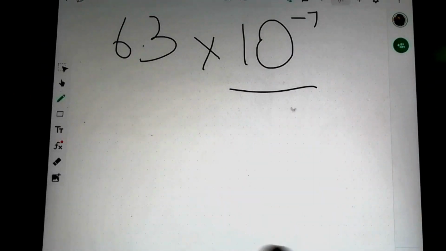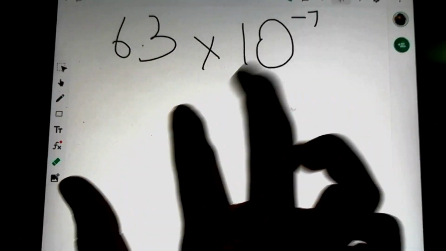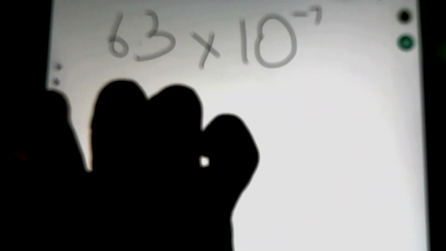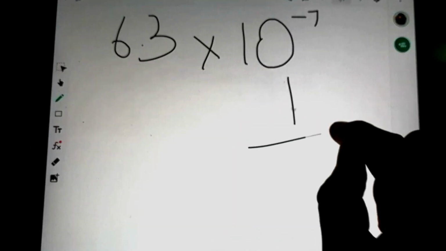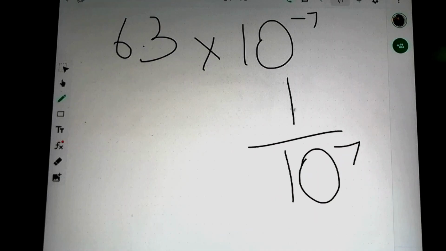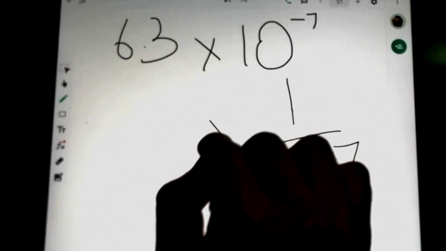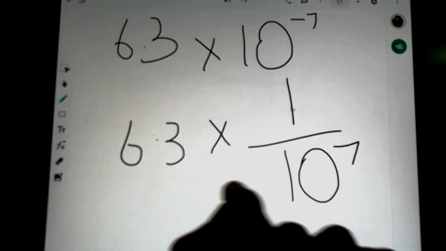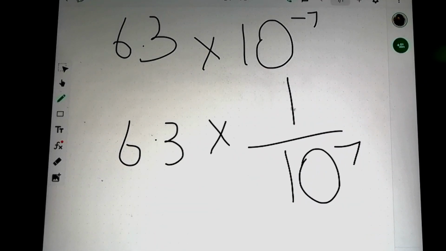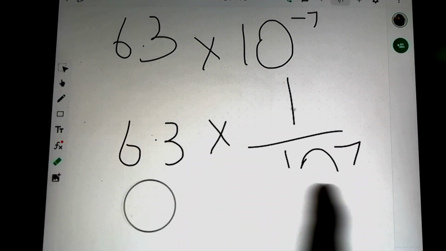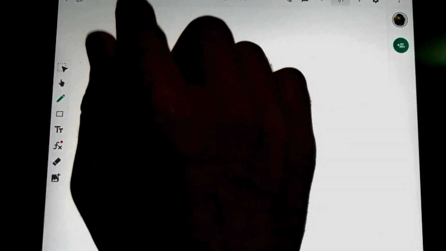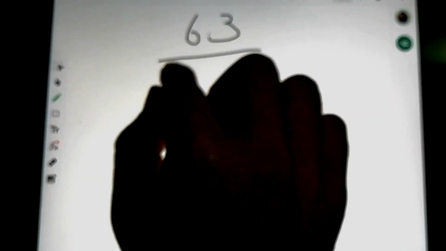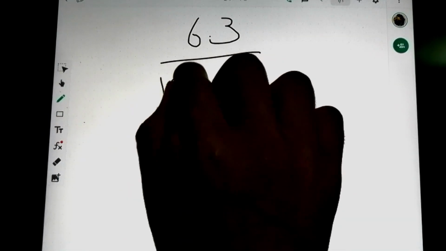So the minus 7 will become positive when it goes to the denominator, right? So 6.3 is basically being divided by 10 raised to the power 7. So instead of writing it as multiplied by 10 raised to the power minus 7, I can simply write it as 6.3 divided by 1 with 7 zeros.